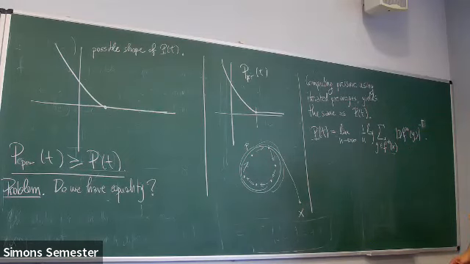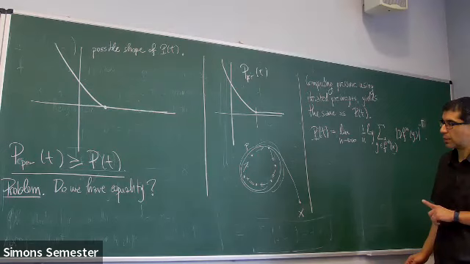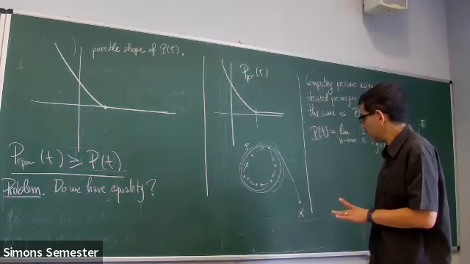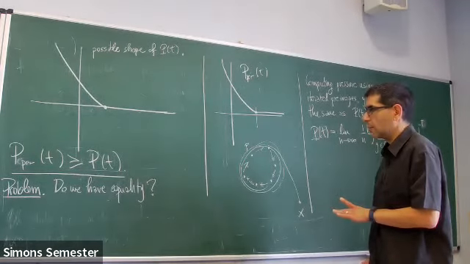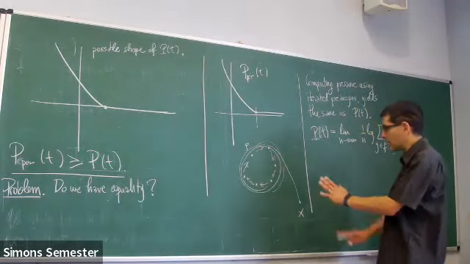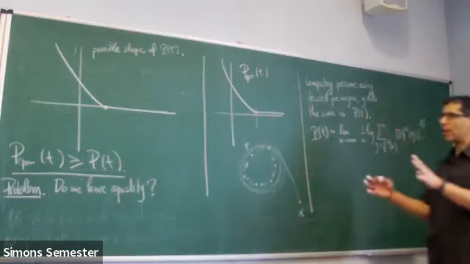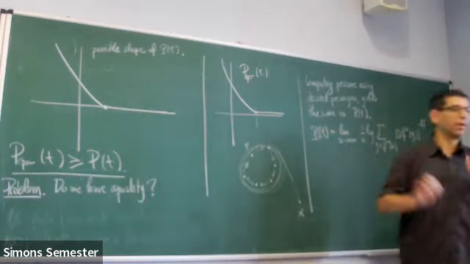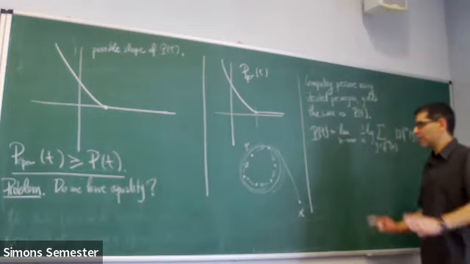Wait, this is the other way around. Sorry, that's for the... no, sorry. So this is the argument that you would use to show the reverse inequality that we don't know how to show. Sorry.